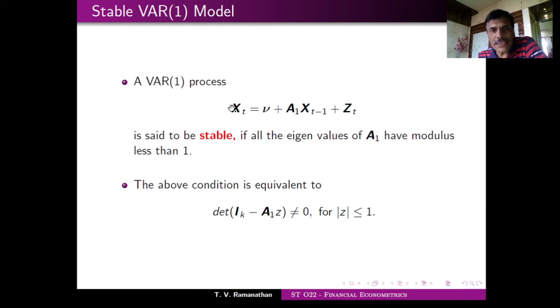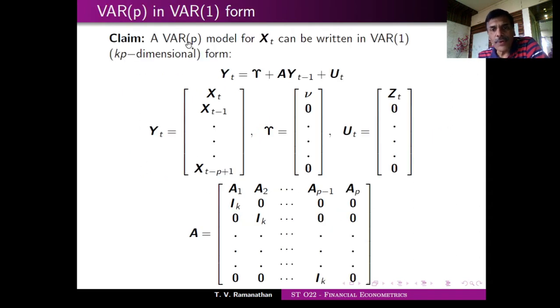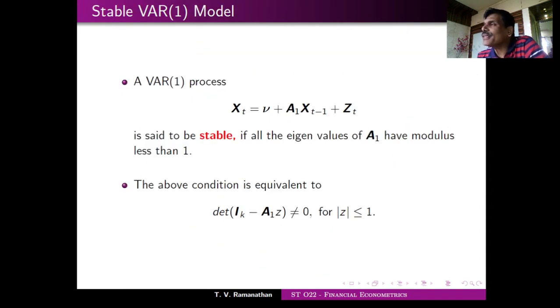Now, this condition is very easy to write in the case of VAR(1), vector autoregression of order 1. Because we have seen in the case of univariate time series, for pth order autoregression, the characteristic polynomial 1 minus phi 1 z minus phi 2 z squared, etc., minus phi p z to the power of p, a degree p polynomial, will have p roots, and the roots of this equation should lie outside the unit circle.